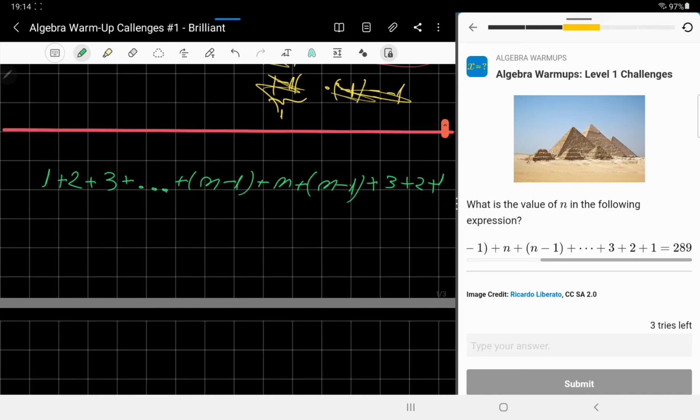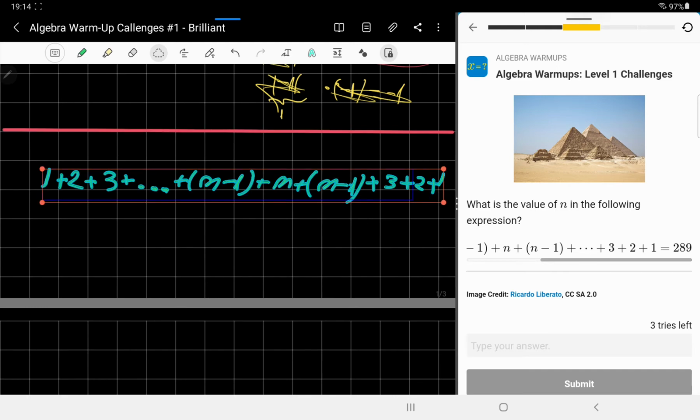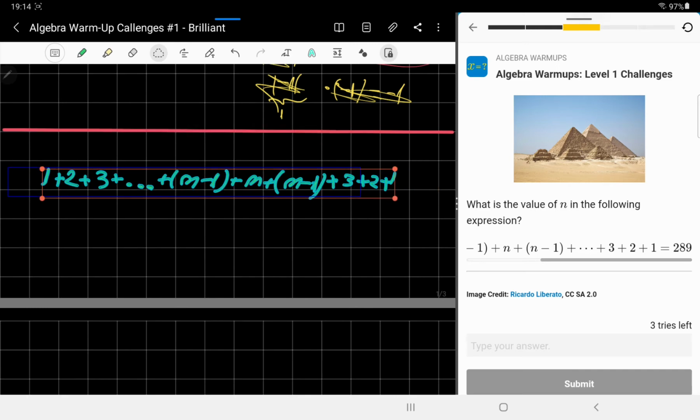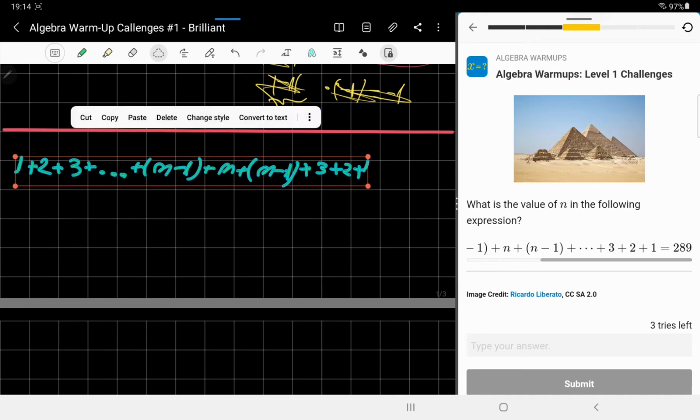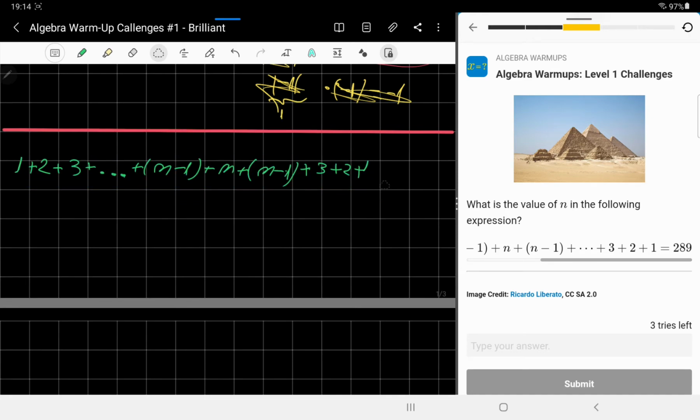We have no more real estate here, so we'd have to do a little bit of Samsung Notes Kung Fu. Plus 3 plus 2 plus 1 equals to 289.